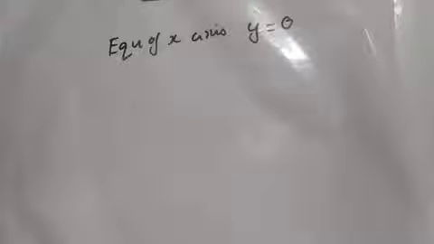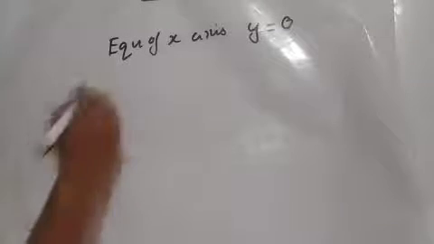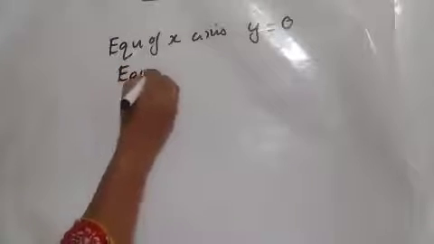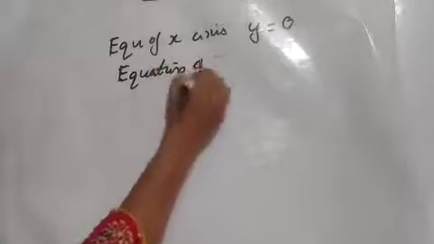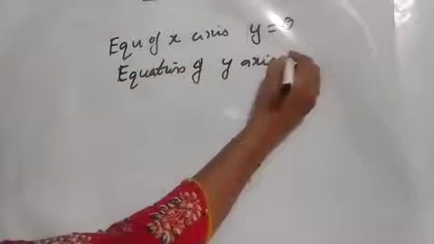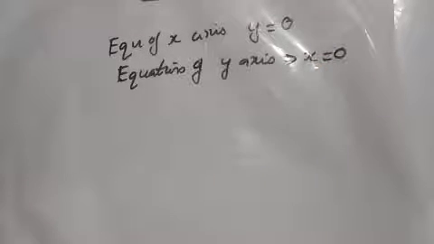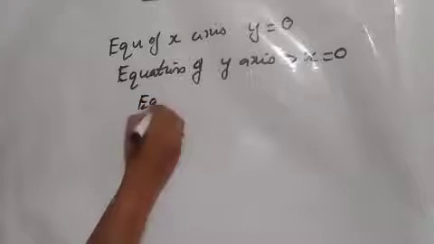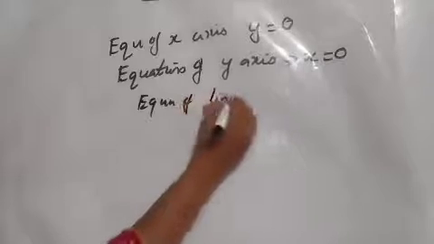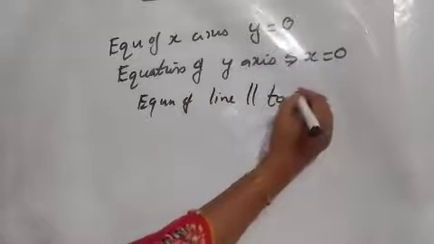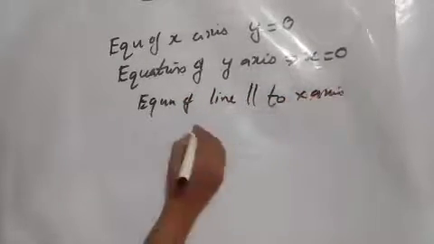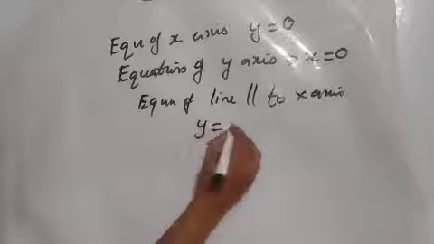Y equal to 0 means all the points lie on the x-axis. And can you say the equation of y-axis? It's x equal to 0. Equation of a line parallel to x-axis at a distance of a units is y equal to a.